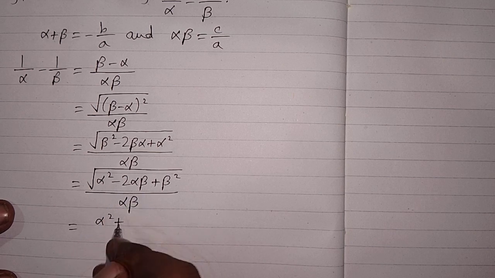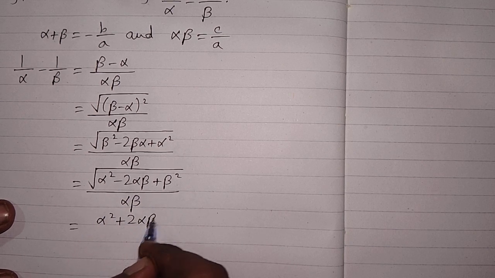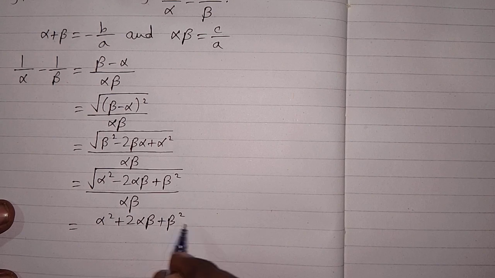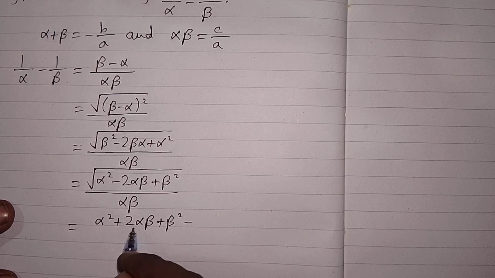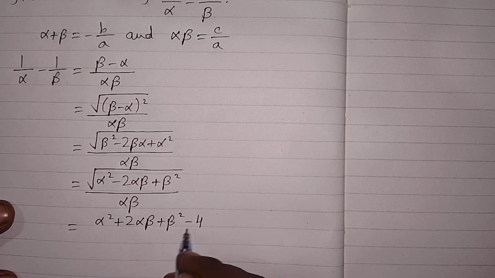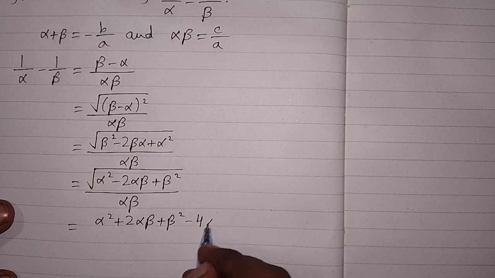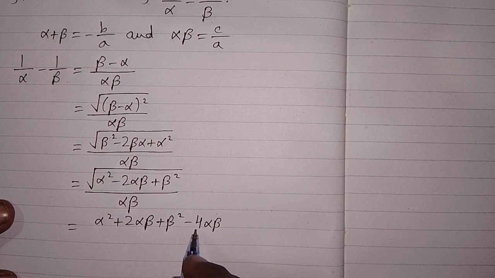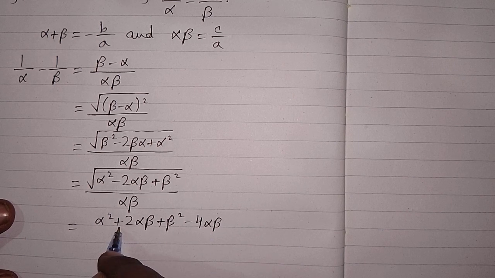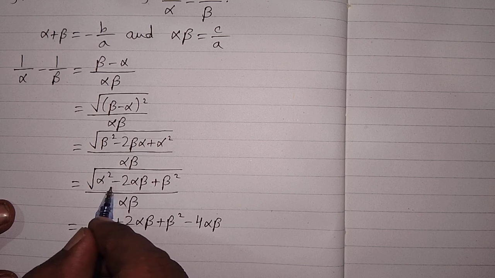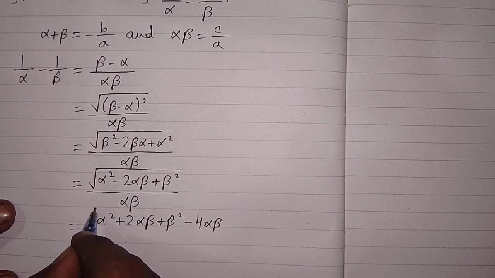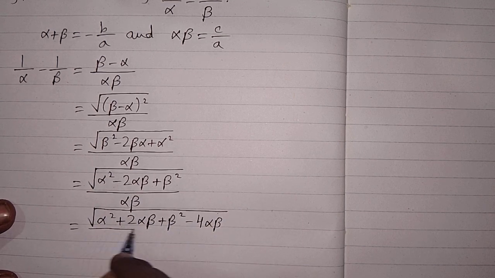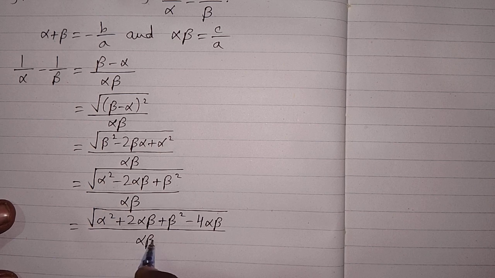In place of minus 2 alpha beta we can write 2 alpha beta, and then in order to balance this thing we will subtract 4 alpha beta, so that minus 4 alpha beta plus 2 alpha beta will become minus 2 alpha beta upon alpha beta.